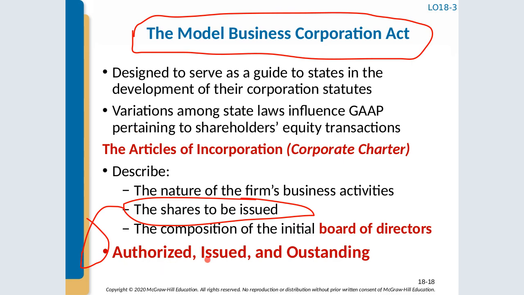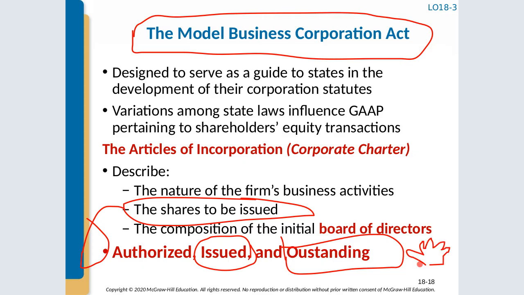And then from that, we actually have the shares that are outstanding, or the shares that have been issued. So we have issued X amount of shares. So these are actually in the hands of outsiders. And then we have these shares that are outstanding. So that means that these are being held by our shareholders.